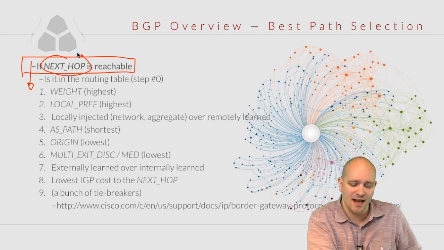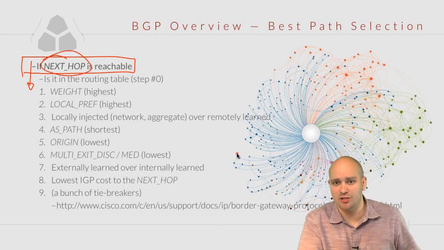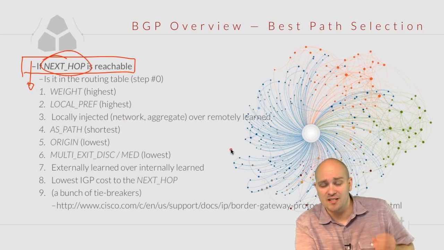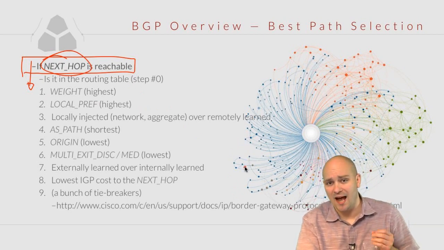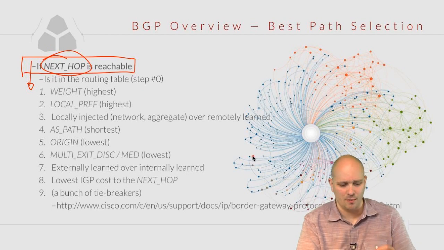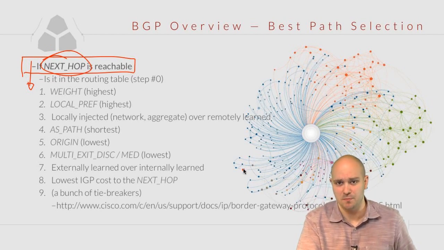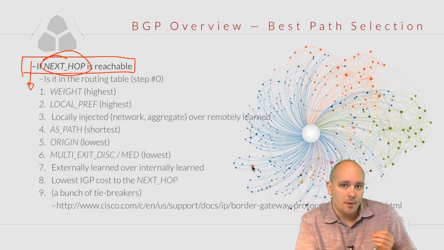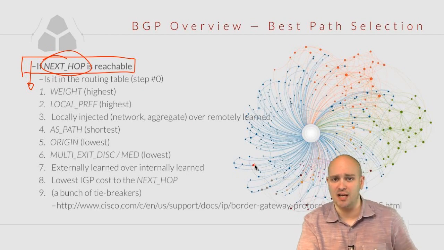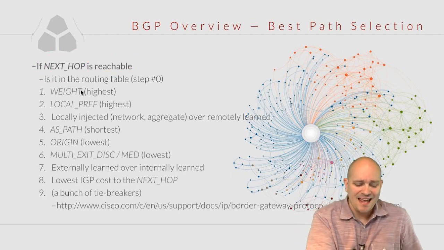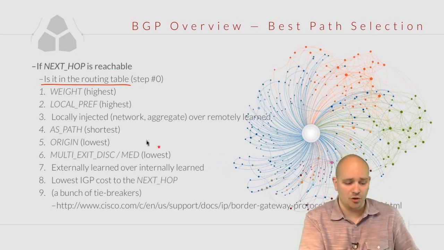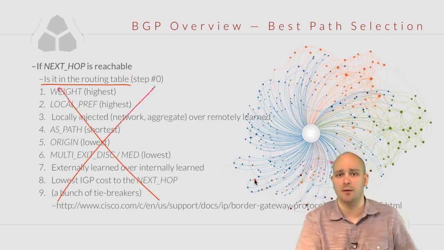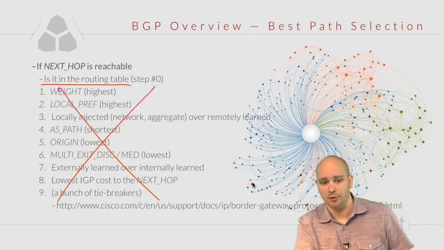You remember that the next hop is the mandatory transitive BGP attribute that exists on every single BGP update. So this attribute always exists. The first check that is going to be performed is: is it in the routing table? If it's not in the routing table, the route is not eligible to become the best route, and this is the end of the process.